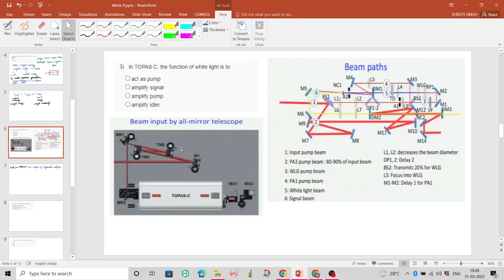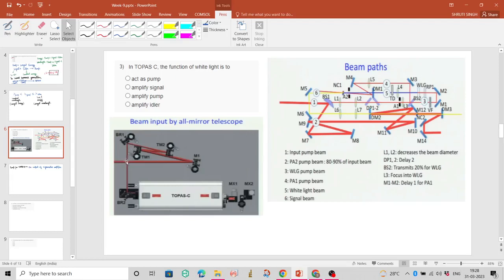Okay, so here this part shows the pumping. The pump light goes in through this black part. This is the red beam, the pump beam coming. It hits the mirror M1, then TM1, TM2, then this reflector, and then this one. These two are also mirrors, and then this one, and then it goes in from BR2.